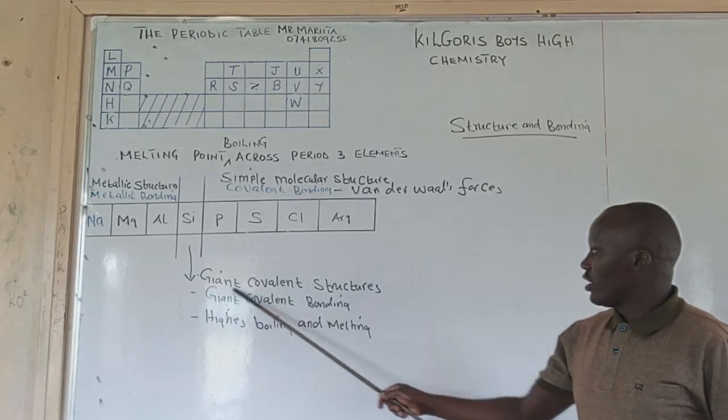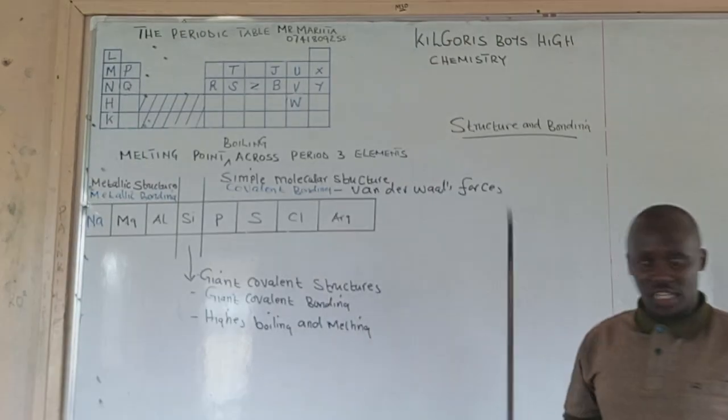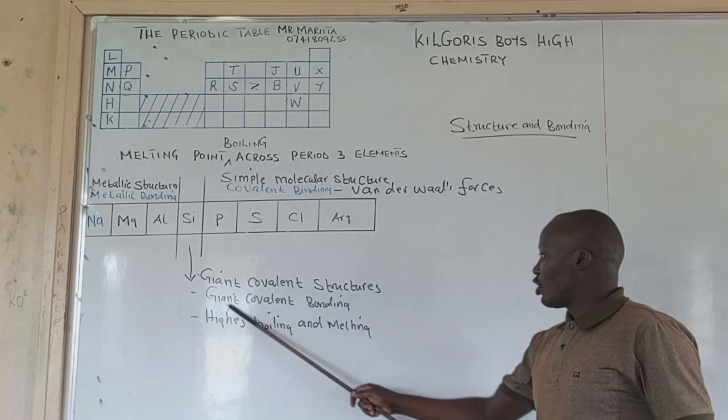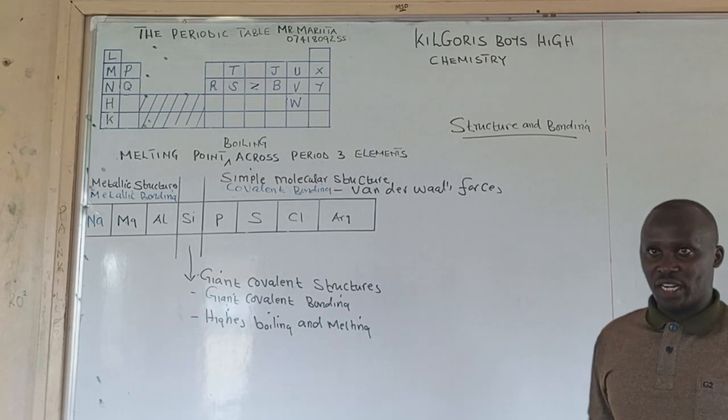This is because we have a giant covalent structure in which the atoms are held together by strong covalent bonding.